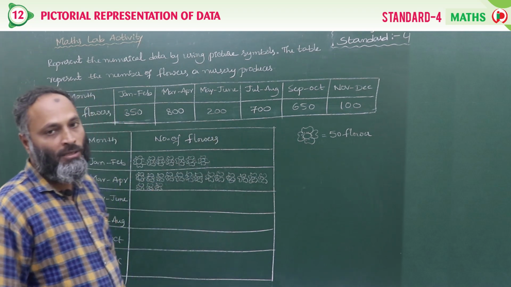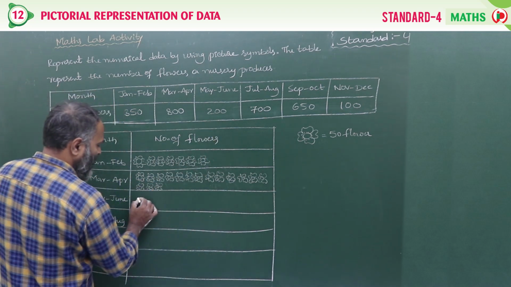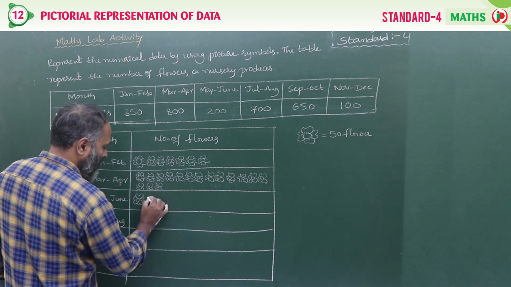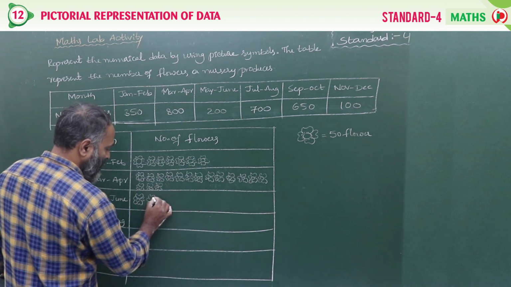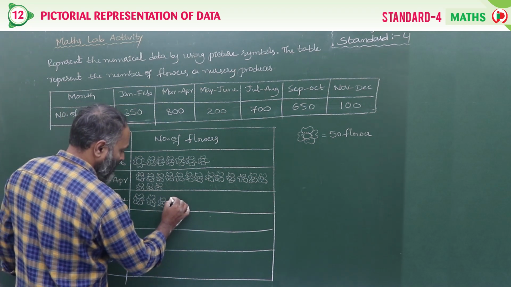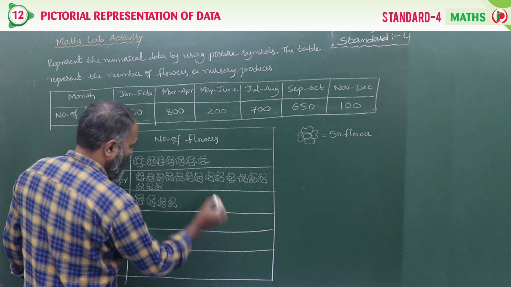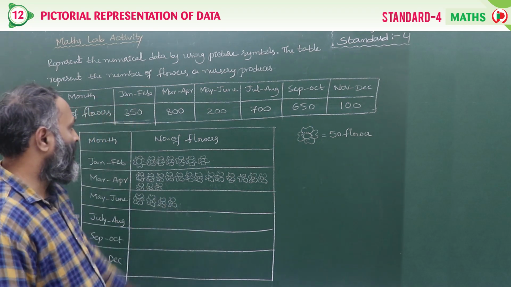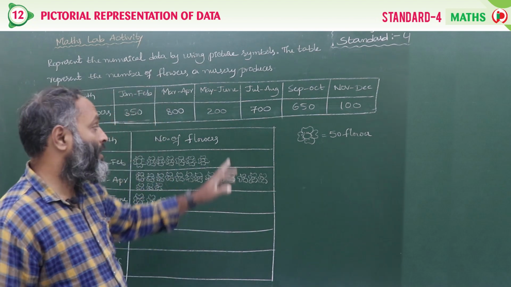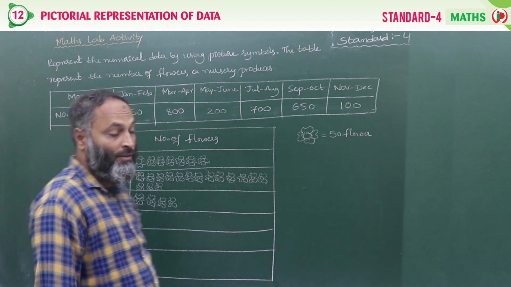So 200 means only 4 flowers we should draw in the month of May and June. 1 flower, 2 flowers, 3 flowers, 4 flowers. 4 flowers means 200. Here 700 means 14 flowers we should draw.